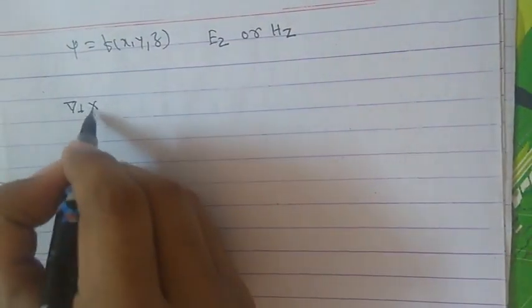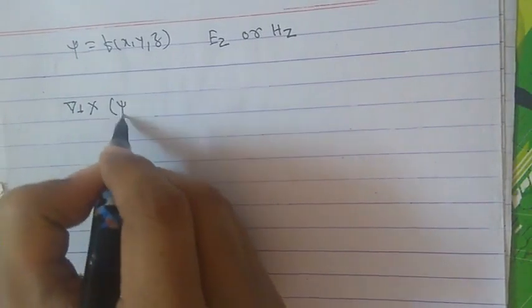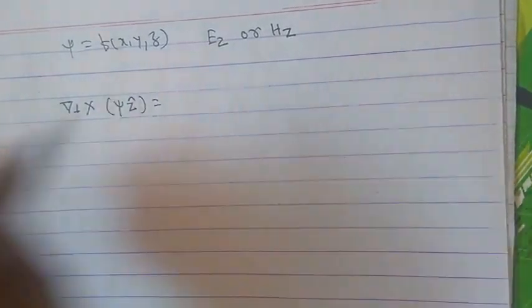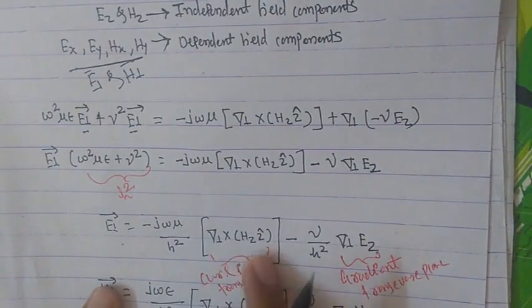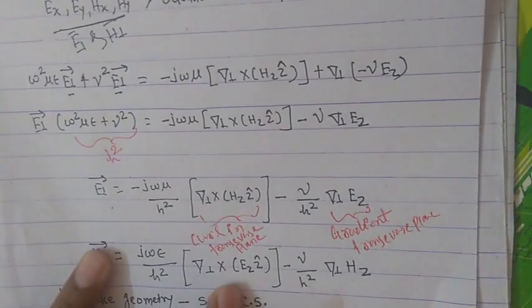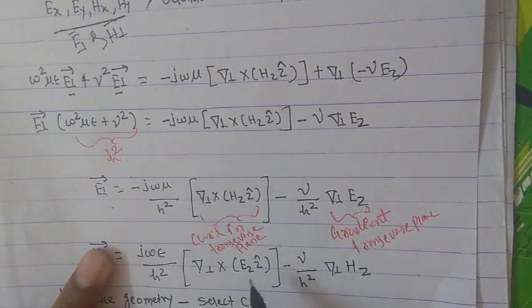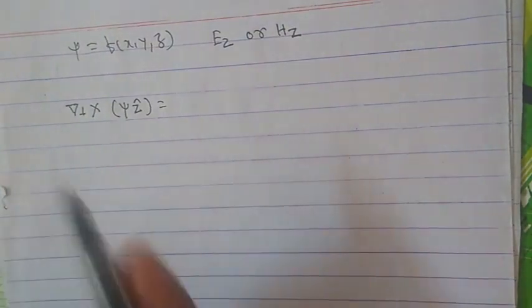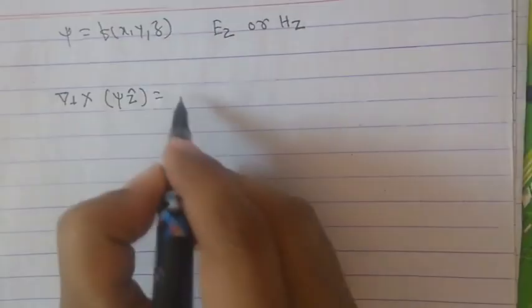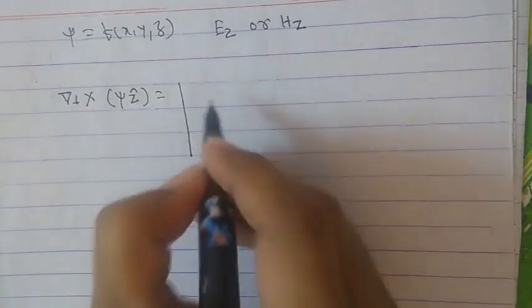So del transverse cross psi z is our term, del transverse cross Hz z or del transverse cross Ez z. Let us try to obtain the solution for this.